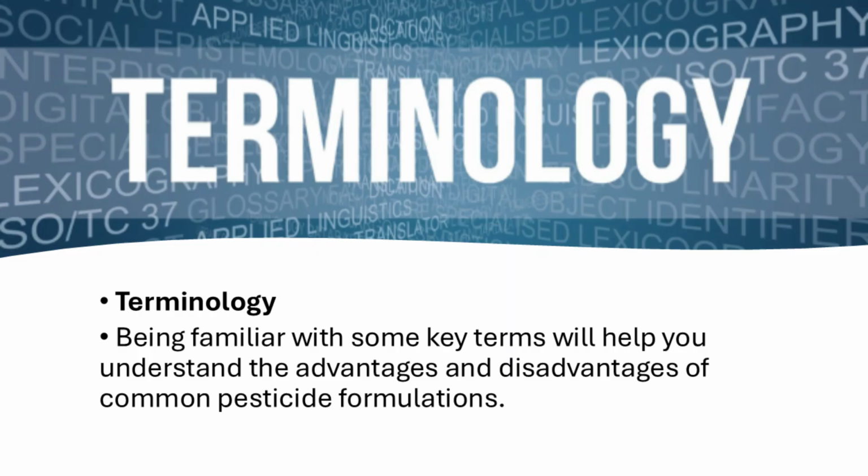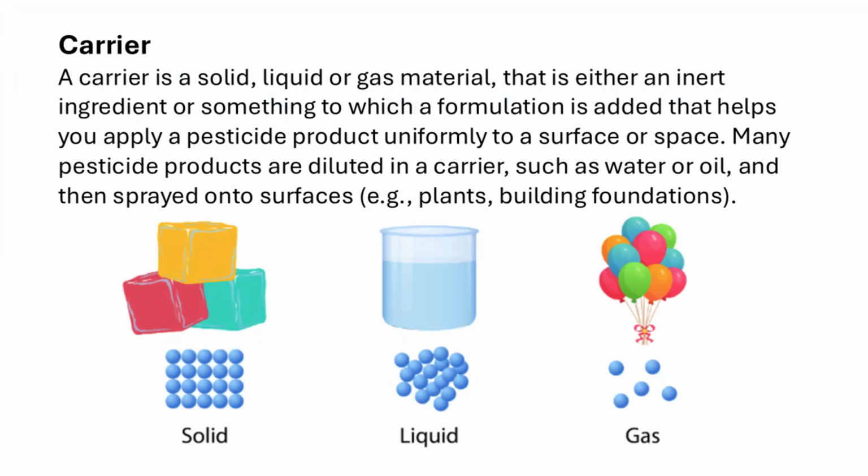Terminology. Being familiar with some key terms will help you understand the advantages and disadvantages of common pesticide formulations. Carrier. A carrier is a solid, liquid, or gas material that is either an inert ingredient or something to which a formulation is added that helps you apply a pesticide product uniformly to a surface or space.